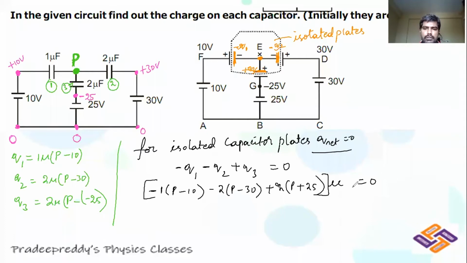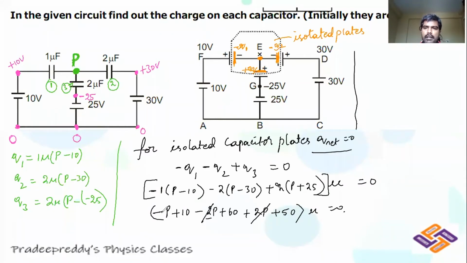This net charge is equal to 0, right? Now, this gives you minus P. Minus of minus becomes plus 10 minus 2P. Minus of minus will become plus 60 plus 2P plus 50 micro is equal to 0. Now solve this. It is minus P, minus 2P and plus 2P gets cancelled.